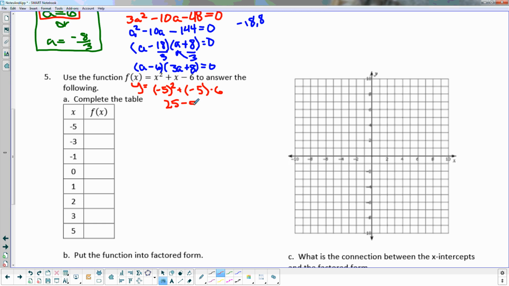Minus 5. That's an ugly 5, but we're going to live with it. And minus 6. So that's going to be 20 minus 6, which is 14. So at -5, it's up here at positive 14. So it's actually off my graph. I can't really get an idea of where that is.